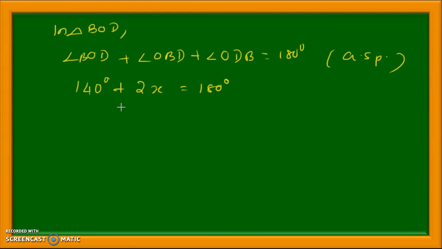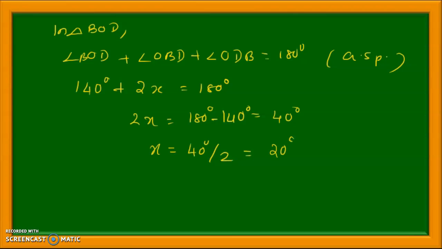So we got 2x equal to 180 minus 140, which is equal to 40 degrees. So x equals 40 divided by 2, equal to 20 degrees. So the last angle, angle OBD, equals 20 degrees. Thus we solved all these.